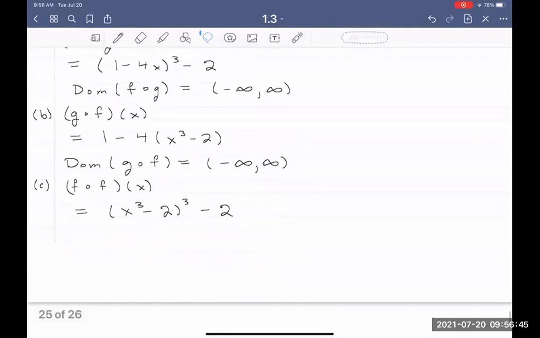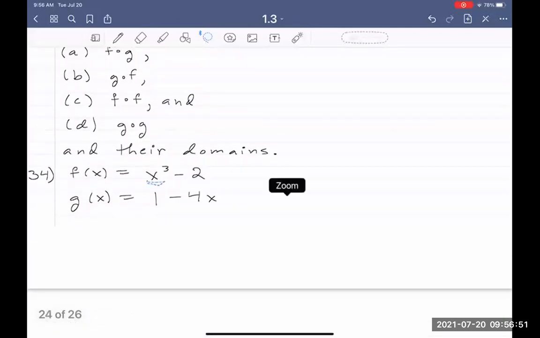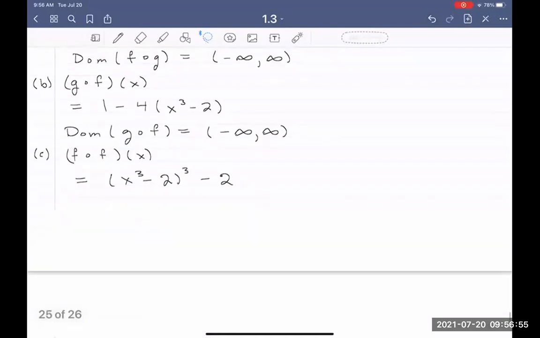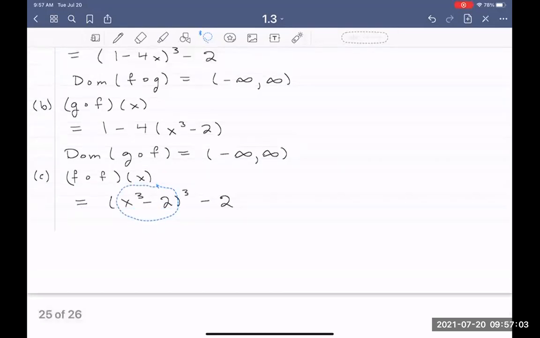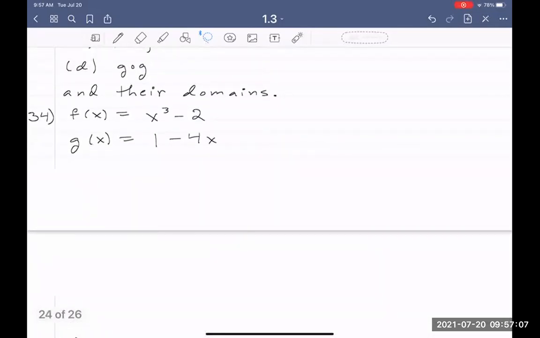So in this formula, I'm replacing X by X cubed minus 3. And so I replace this X here by X cubed minus 3. And then I continue with what I'm doing. So it's whatever cubed minus 2.